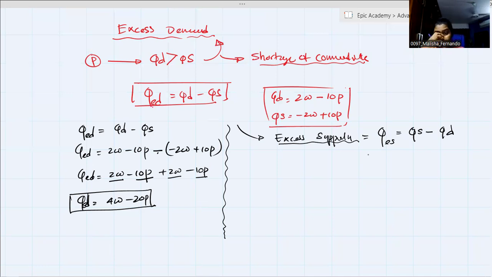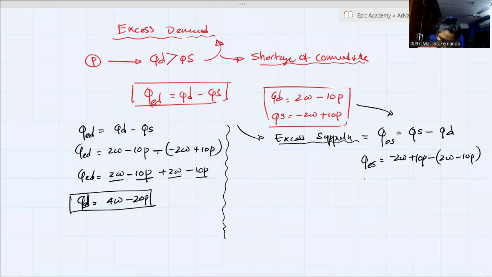Take the same equation. It is very easy to identify. QES equals QS, which is minus 200 plus 10p, minus, within brackets, 200 minus 10p.